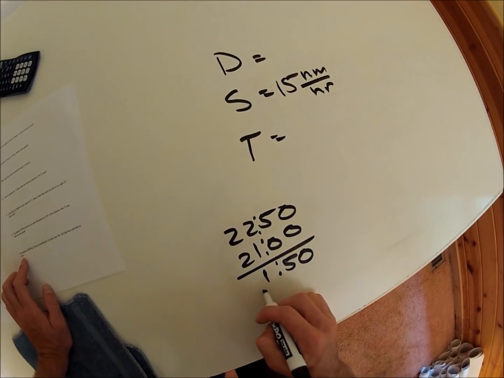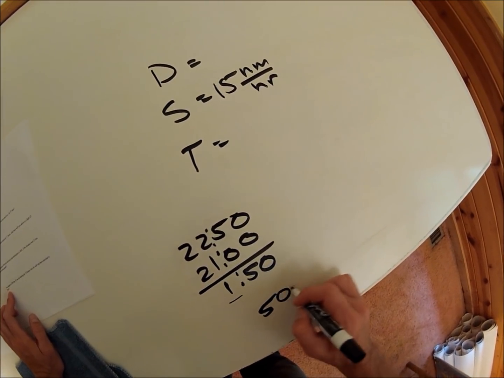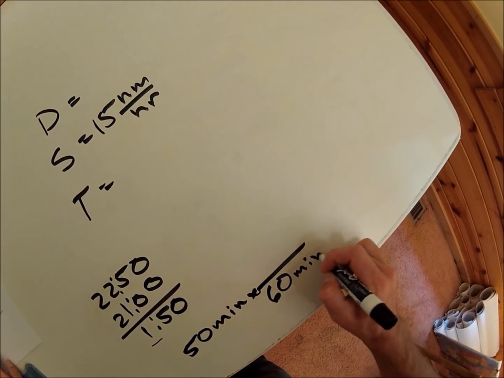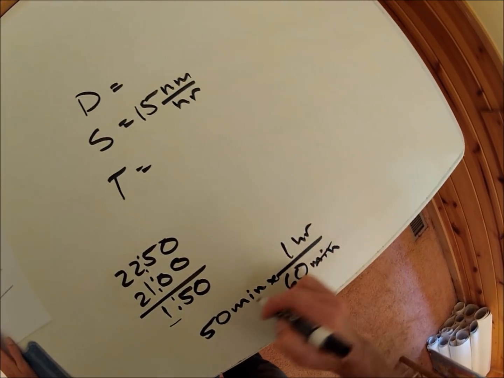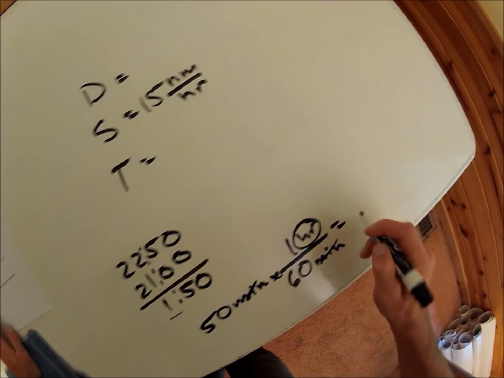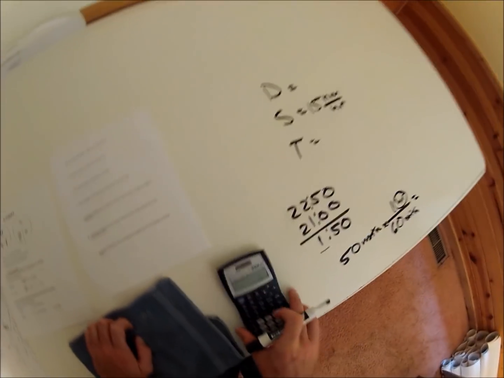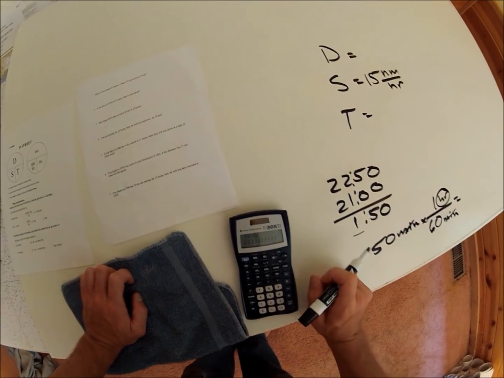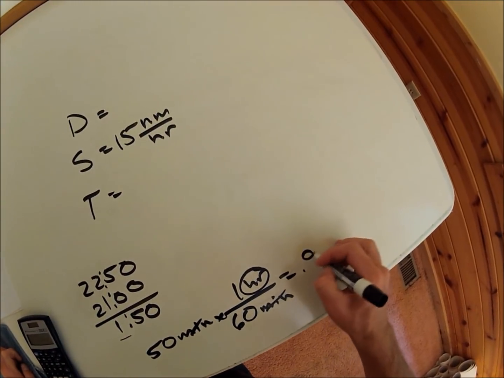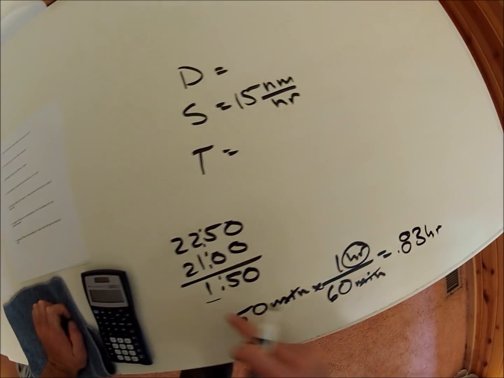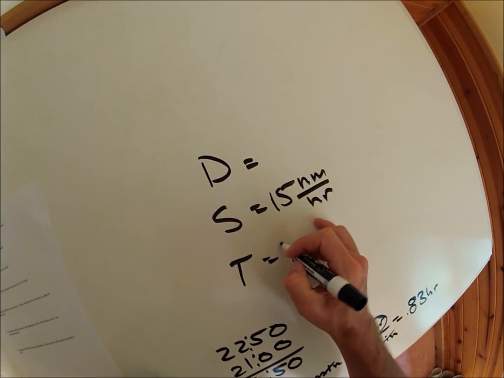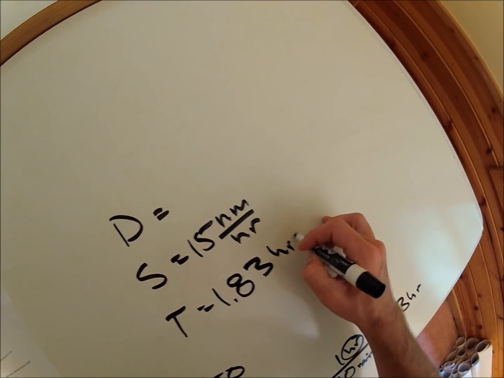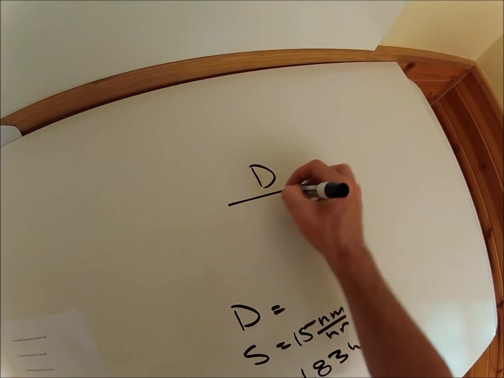This 1 hour is okay. 50 minutes, we have to convert. 50 minutes divided by 60 equals 0.83. 0.83 hours. So we have 1.83 hours.